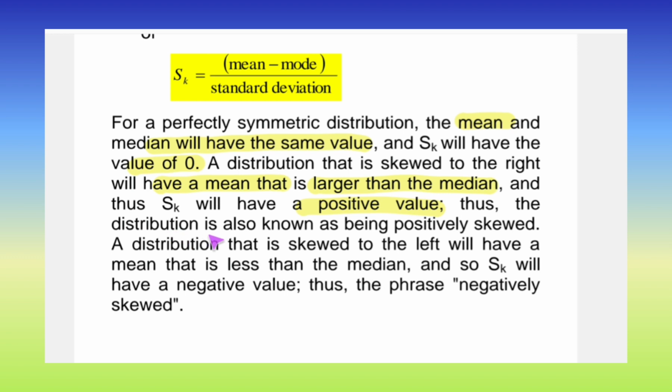Thus, the distribution is also known as being positively skewed. A distribution that is skewed to the left will have a mean that is less than the median. So, the Pearson coefficient will have a negative value. Thus, the phrase negatively skewed.